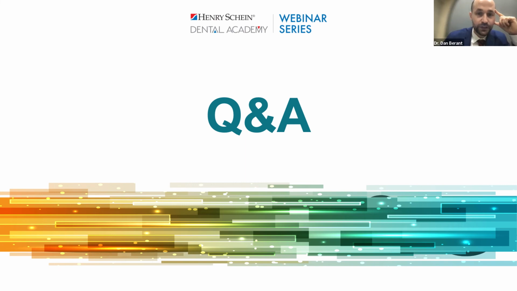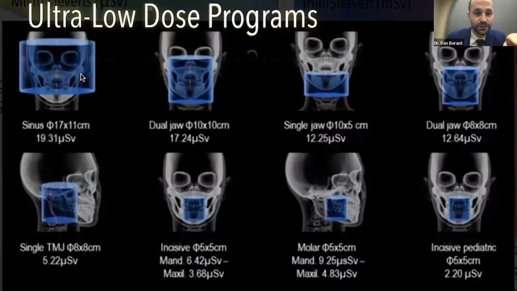Can you guys see it? Yeah, I'm still sharing the screen so people can still see it. In some of these situations, by taking a full low dose, ultra low dose CBCT, it does give you the information at a lower dose than a conventional CBCT. But I would not say that you need a CBCT to provide the highest quality of care in a majority of cases.